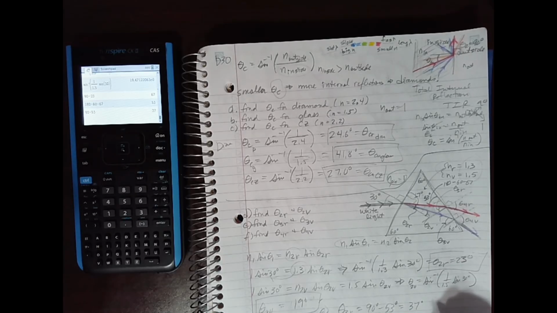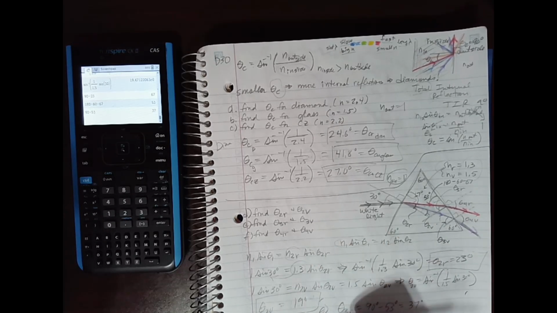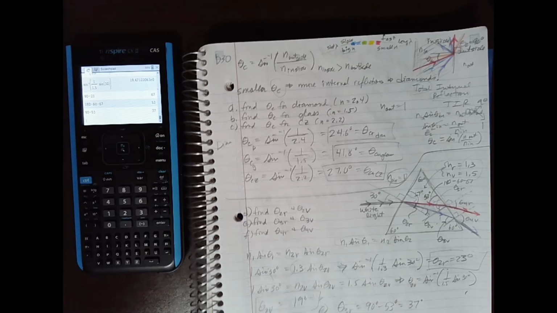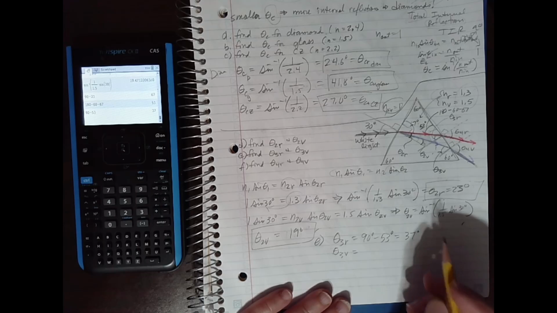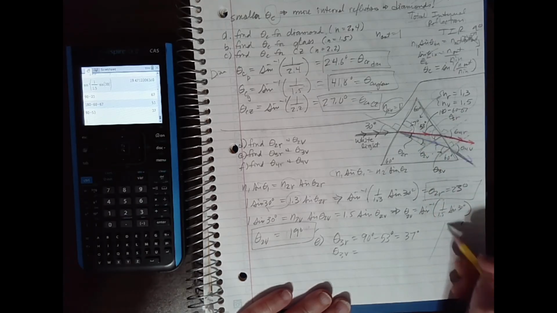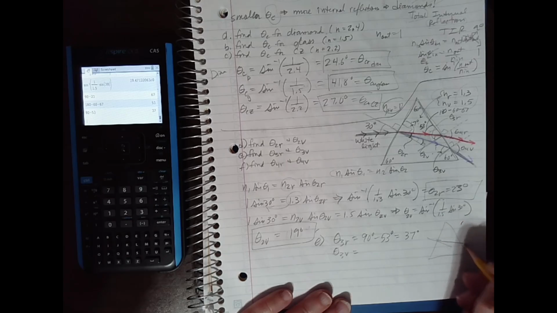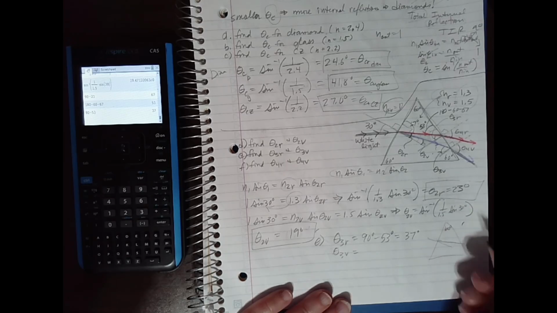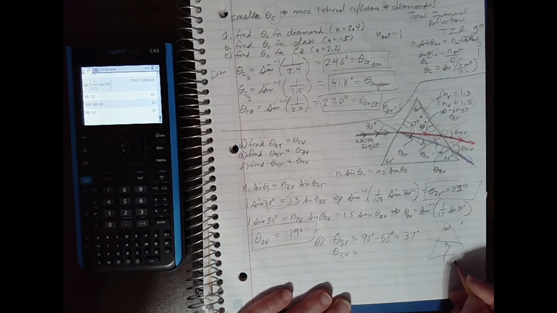Trig is good. Okay. Theta 3 for the violet. Whoops, sorry, I'm getting off the page. Theta 3 for the violet. That same kind of thing going on here. So let's redraw this a little bit here. We've got the perpendicular and the violet is going something like this. We still have 60 here. This angle here is 19 degrees.